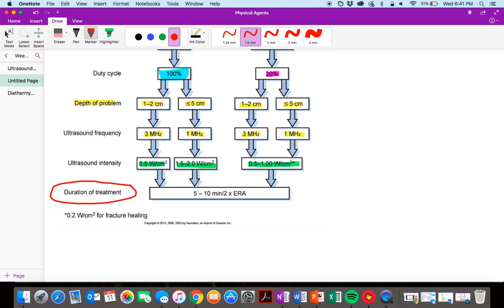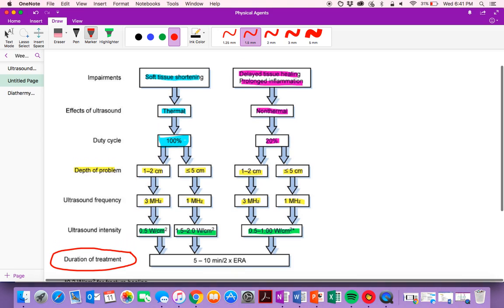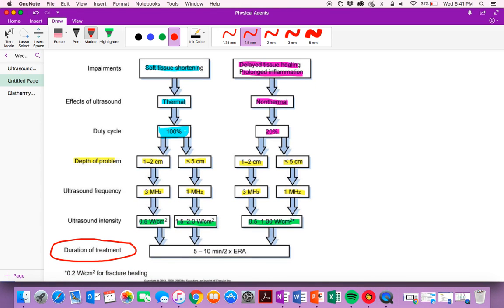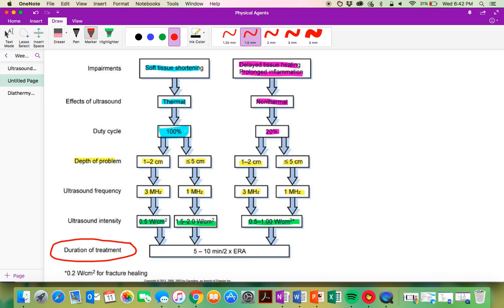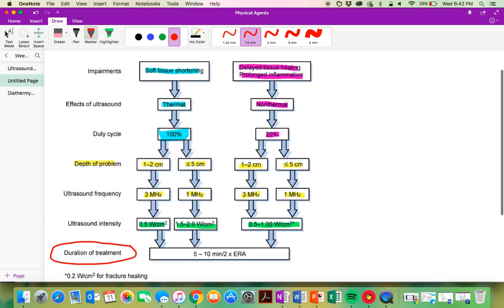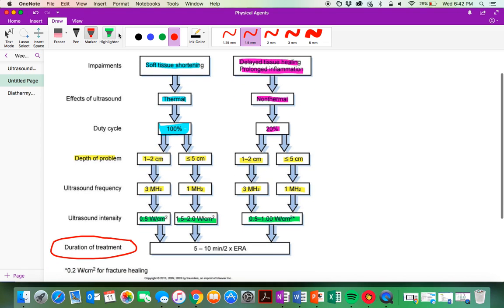So an area that is 2 times the ERA is going to receive 5 to 10 minutes of ultrasound. So by using this diagram, it's pretty easy to follow and determine the proper parameters in order to use ultrasound. Once again, all based upon our original impairment.